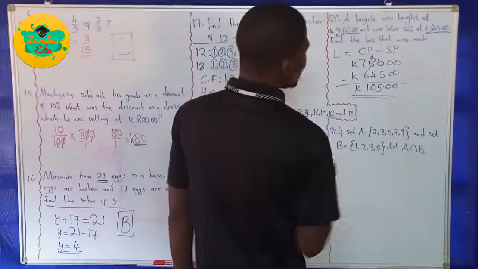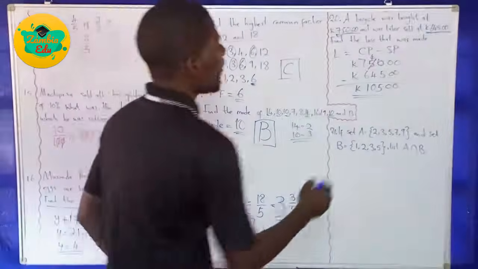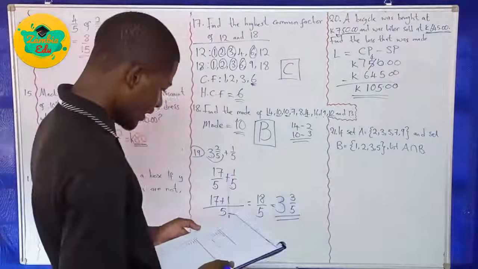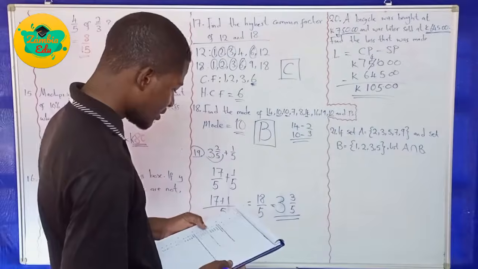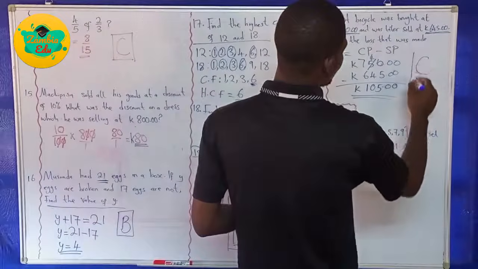So the loss was 105 kwacha, and that was shown as the answer for option C. So our answer for number 20 was C.